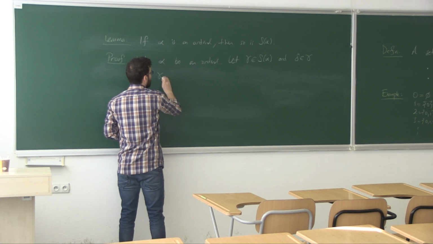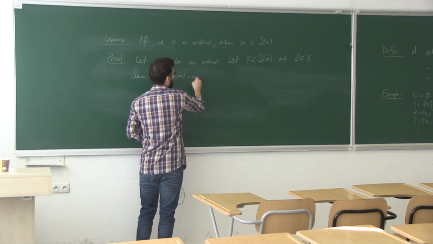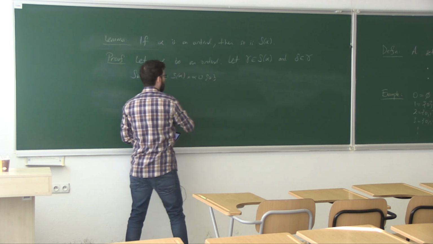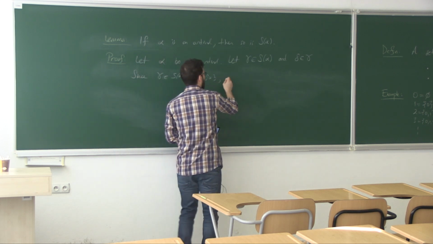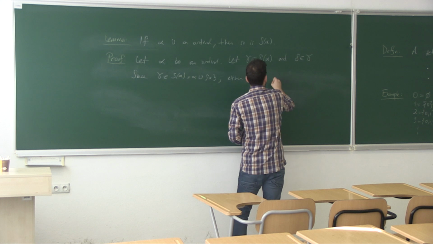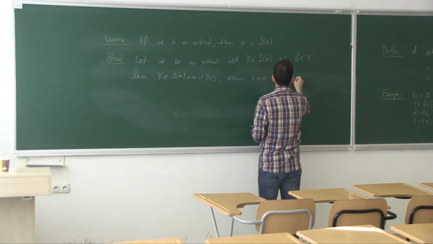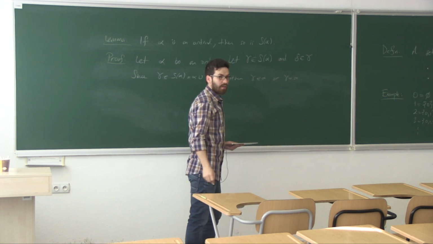Now, gamma is a member of successor of alpha, which means that it is either an element of alpha or it is alpha. Okay?